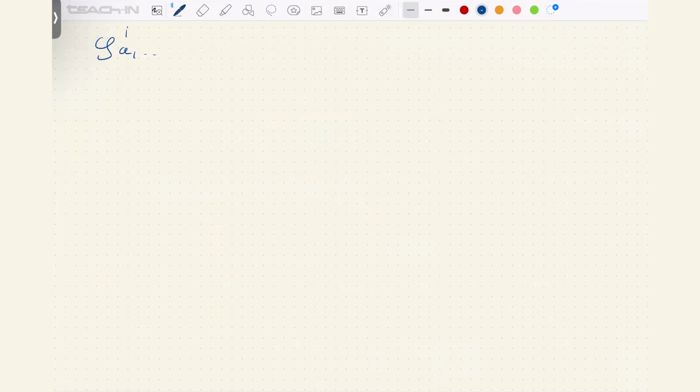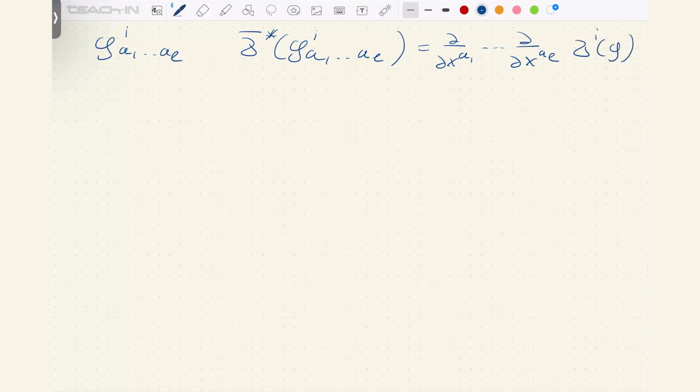But when we take a pullback by the prolonged section of such a guy, let's be more precise, φ^i_{A1...AL}, we get, of course, ∂/∂x^{A1}, ..., ∂/∂x^{AL} of sigma star of φ^i.